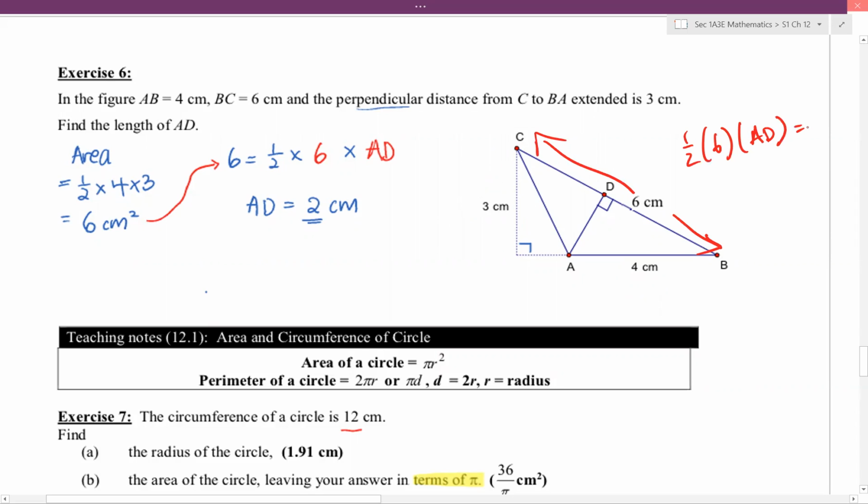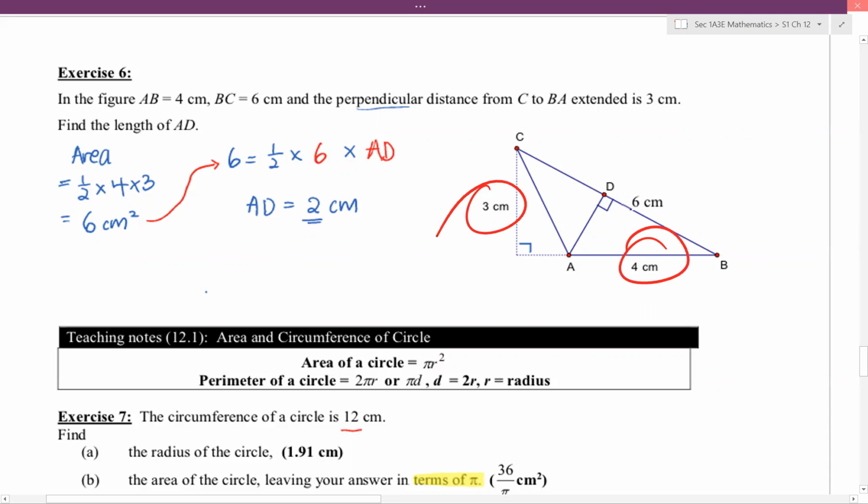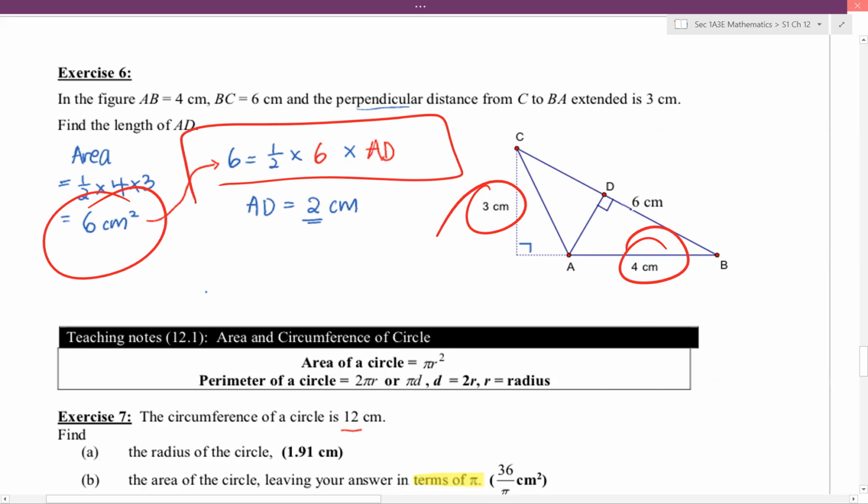You don't know what AD is, so it is useless to use BC as the base. If you use CA as the base, worse, you don't even have the perpendicular height from CA extended to B. So the only option is 4 and 3 to get the area. Then from there, you substitute into the formula to get AD. Same format.